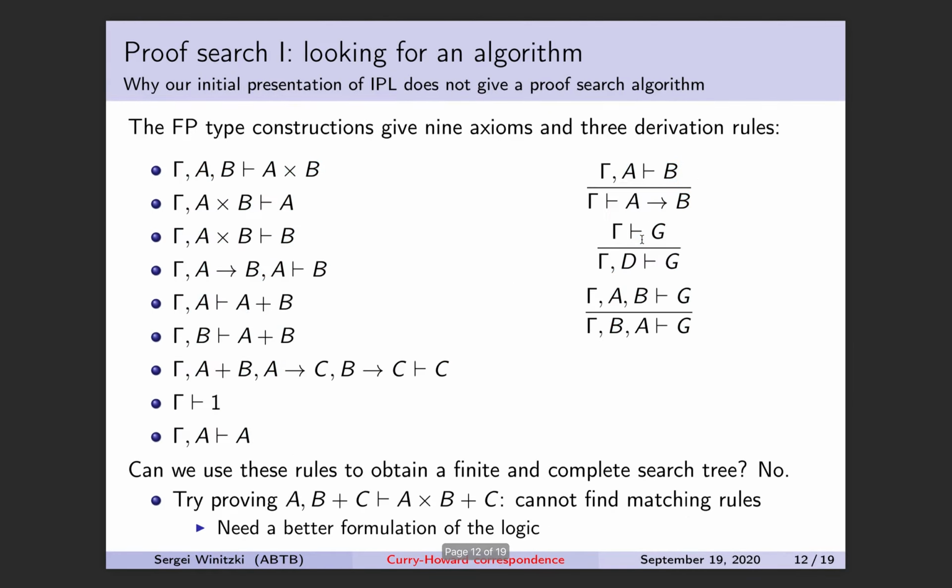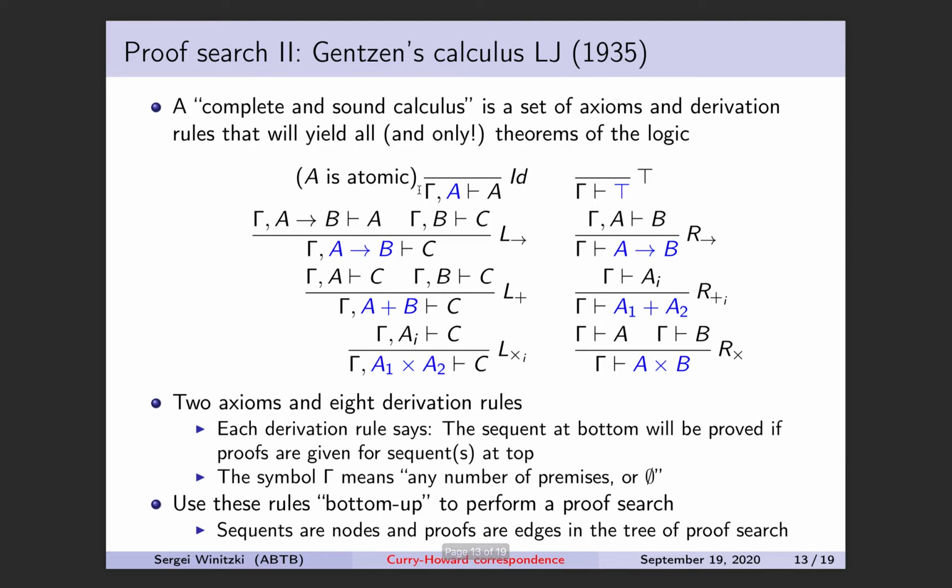So derivation rules are written in this syntax like a fraction, where you have a numerator and a denominator. Axioms are written as a single sequent. Well, that's how I write them. But you can write both of them in terms of numerator and denominator, and axioms will have an empty numerator.